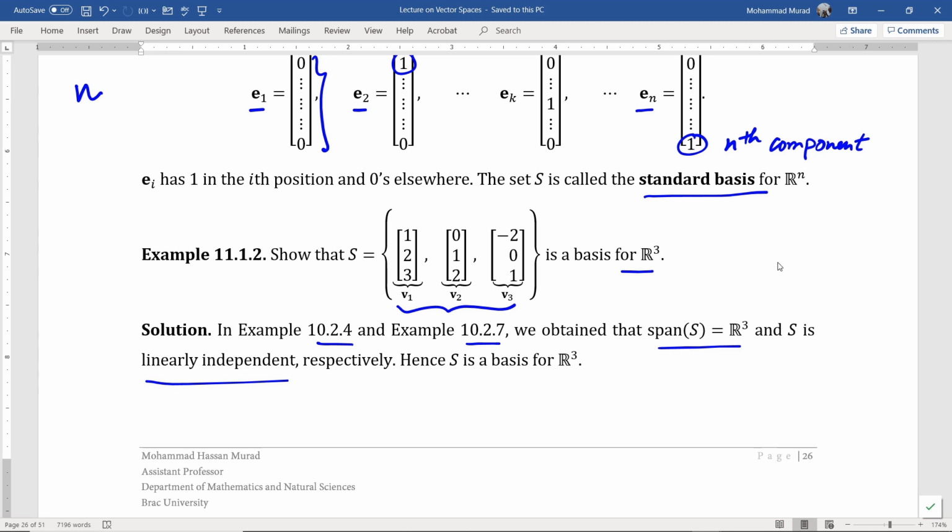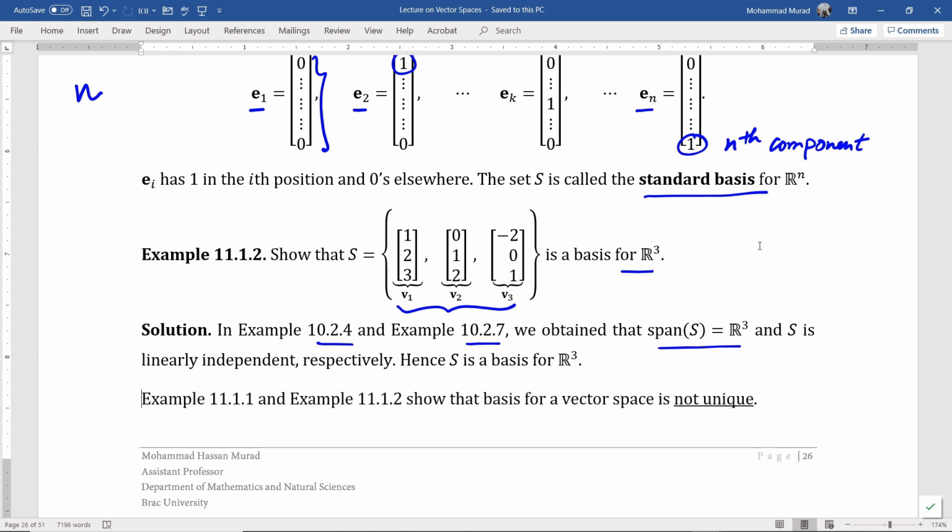Hence, S is a basis for the vector space R3. Example 11.1.1 and example 11.1.2 show that a basis for a vector space is not unique.